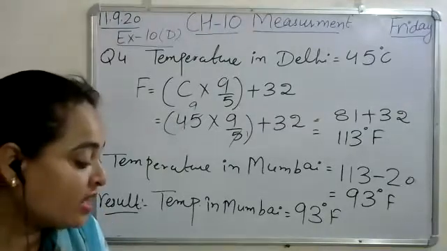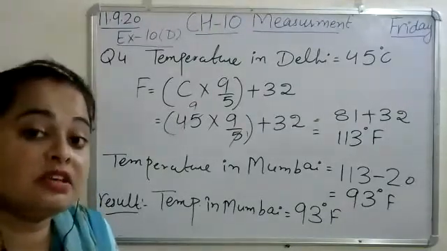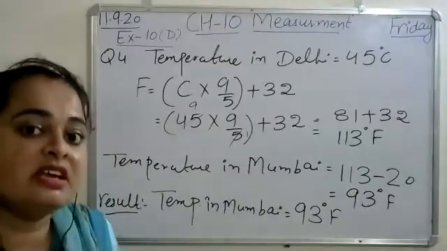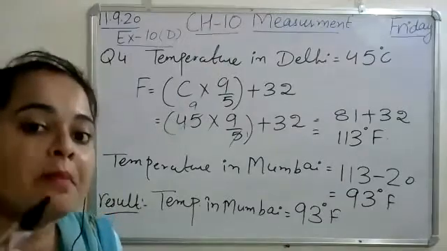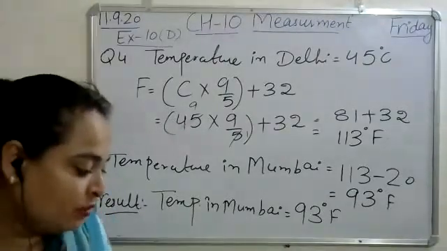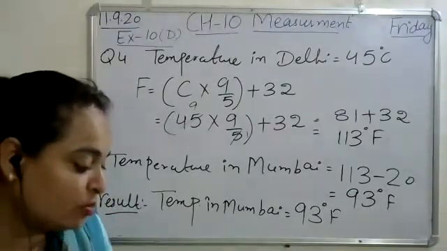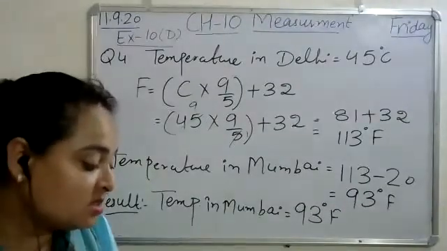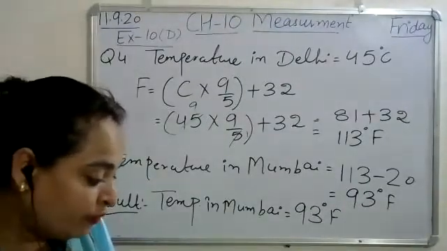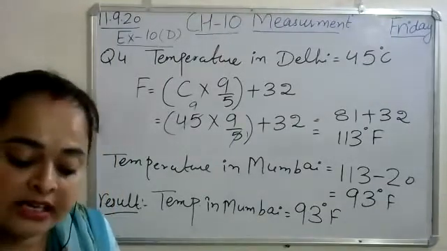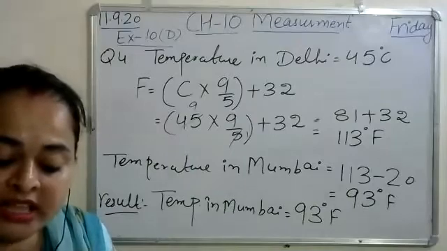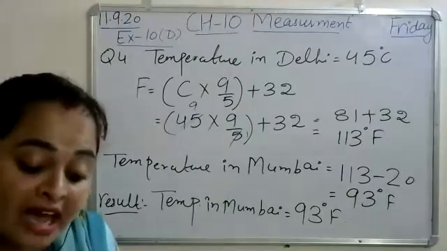Now write down in the chat box, increased by. Increase is the indication of which operation, plus or minus? Very good response. Increase is the indication of addition. So find the temperature during daytime in Fahrenheit.